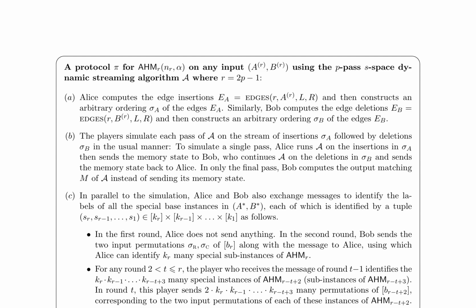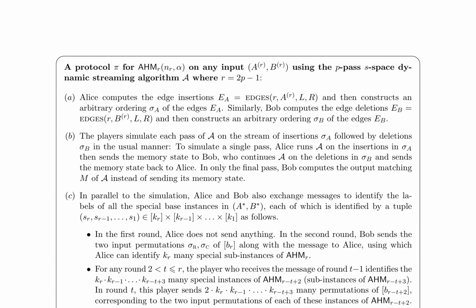The protocol pi for approximate hypergraph matching, AHM_{r, n_r, alpha}, on input A_r, B_r, using the p-pass s-space dynamic streaming algorithm A is described.